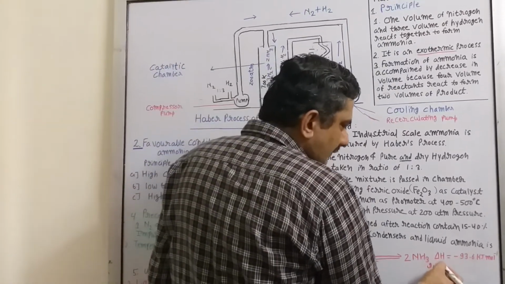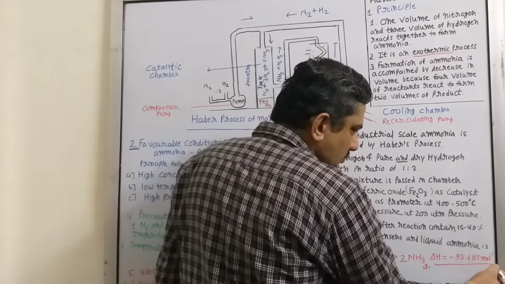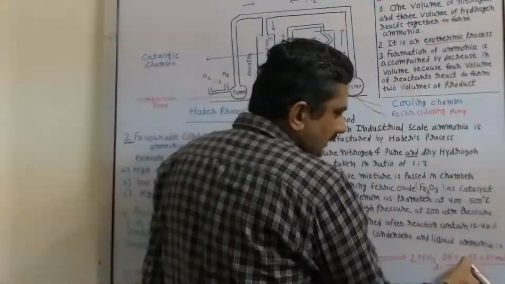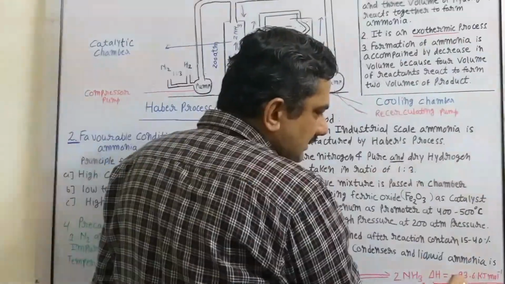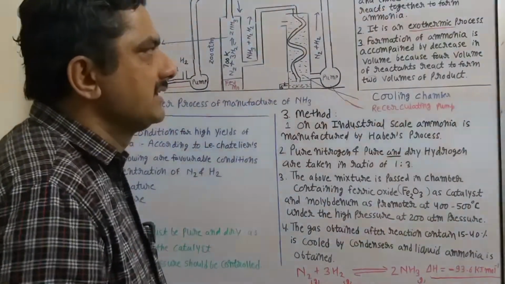Here the value of delta H is equal to minus 93.6 kilojoule per mole.